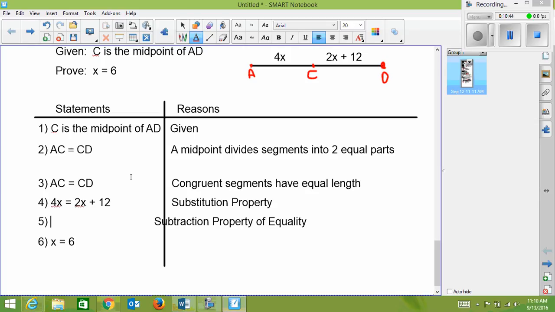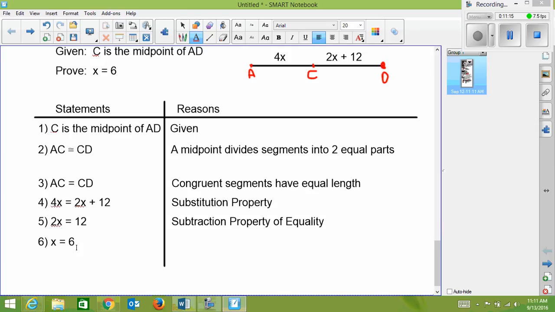If I subtract the 2x from right here and move it over here, and I'm also subtracting 2x right there, what am I doing? I will have 2x equals 12. That's what I'll have left. How did I do that? I used the subtraction property of equality. I subtracted 2x from here and 2x from here, leaving me with this.